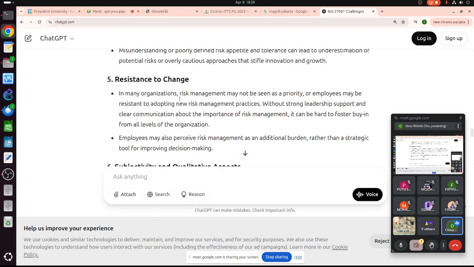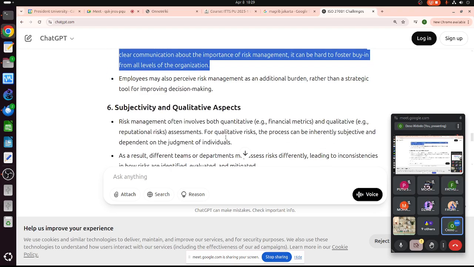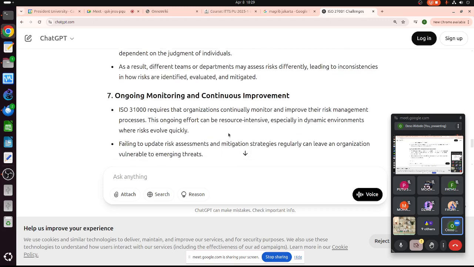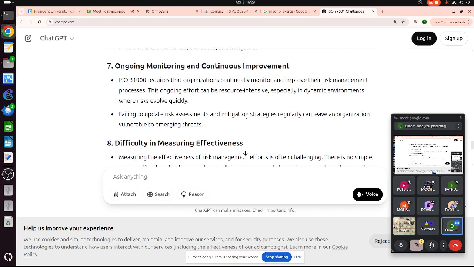And then the problem is risk. Many organizations, a lot of management, they tend to skip the risk. They don't care. Oh, it has not happened yet, so we don't care. So there's a lot of problems with this. Also, it continues.